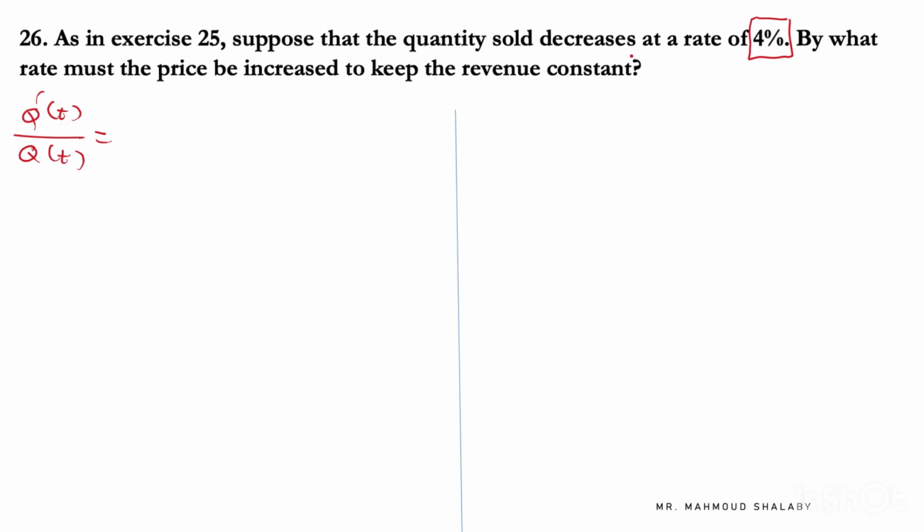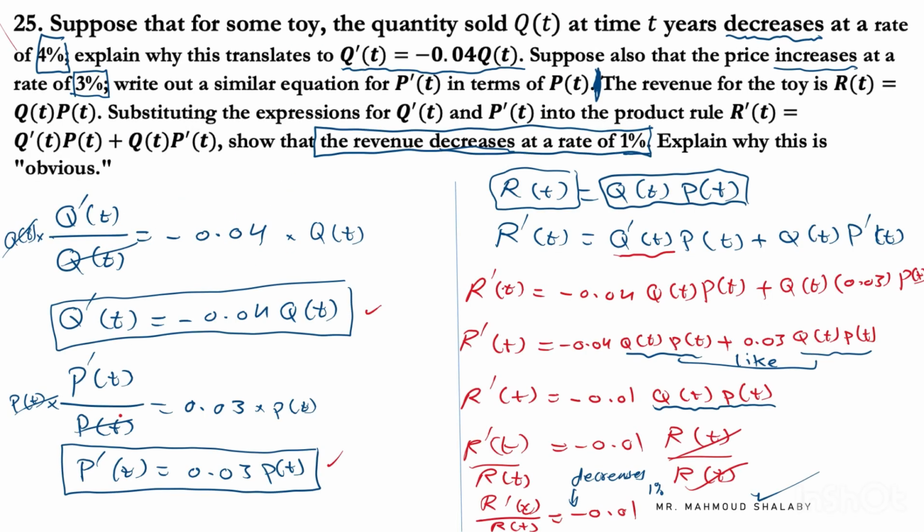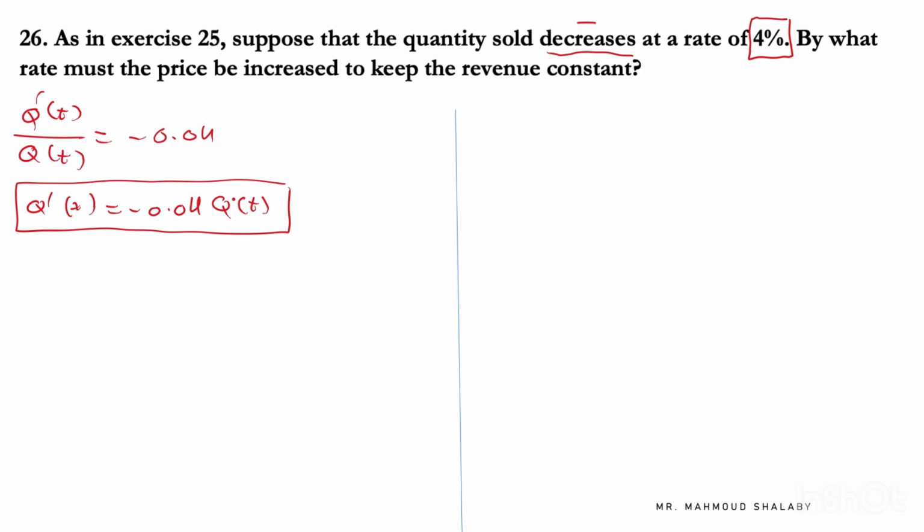Decreases means negative, so it's negative 0.04, and I know that this could be written as Q prime of t equals negative 0.04 Q of t, from the previous one. I don't have the price here, nothing mentioned the price. In the previous question we had the quantity and the price mentioned; here I have the quantity only. By what rate must the price increase to keep the revenue constant?